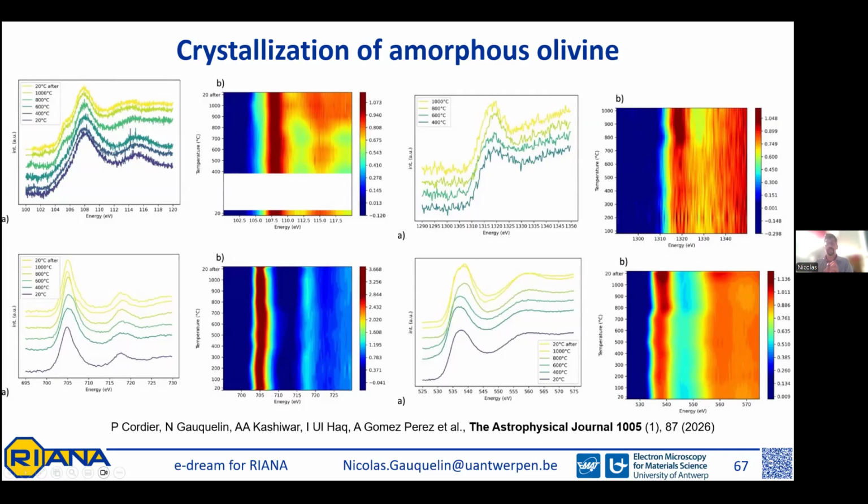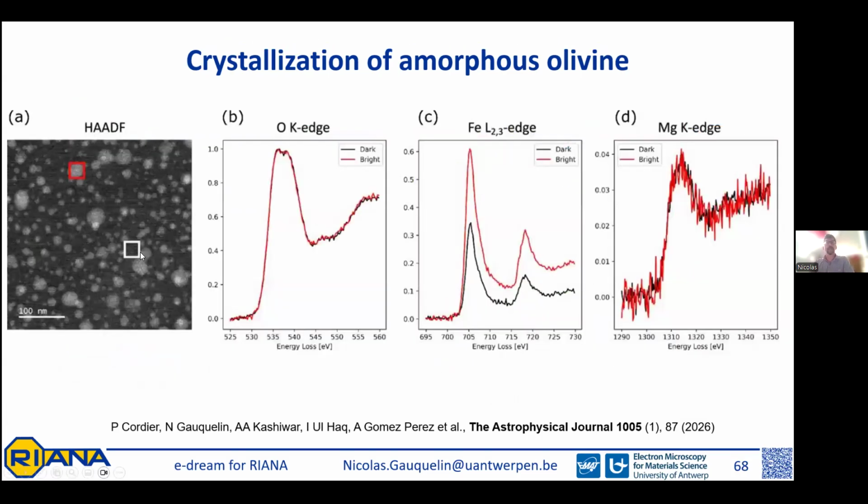And that is due to the fact that the iron is precipitating first as oxide. And what you see here very clearly is that when you compare the matrix to these crystallites that are forming at 400 degrees, you see a much higher iron content than in the matrix, due to the fact that these first particles that are crystallizing are iron rich.